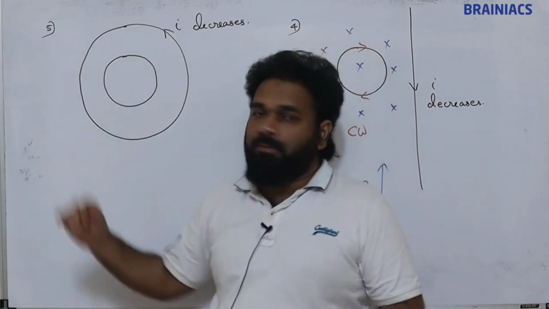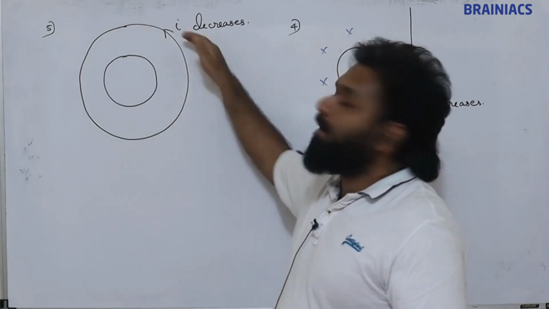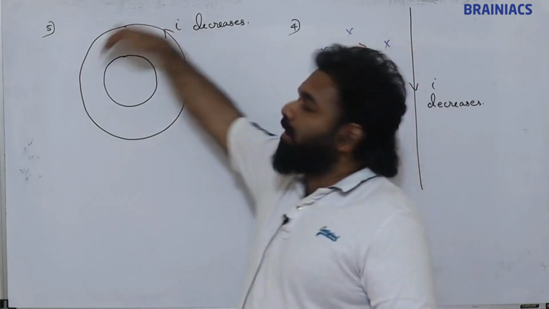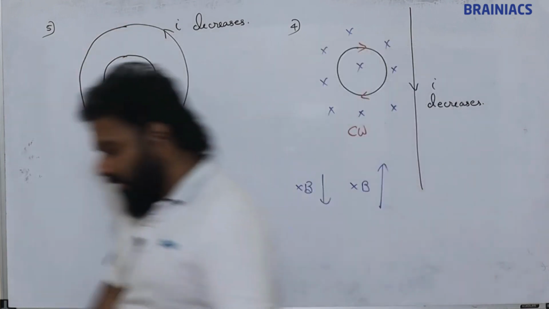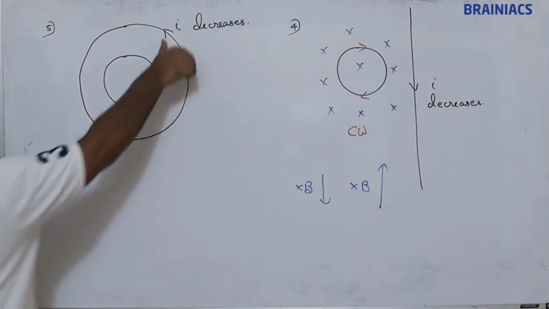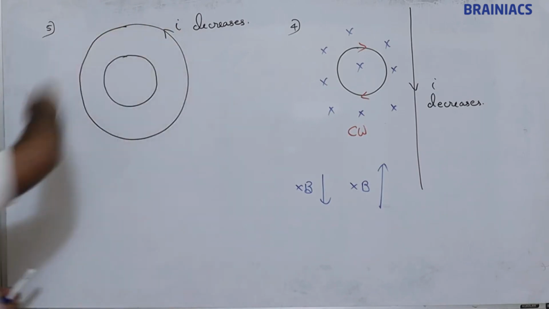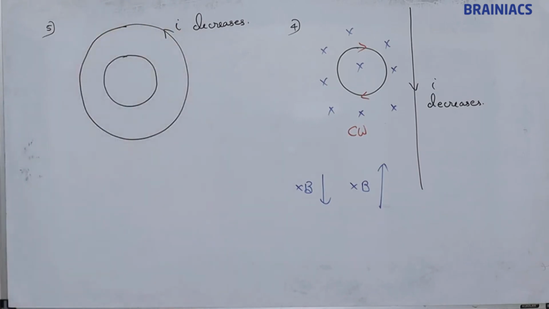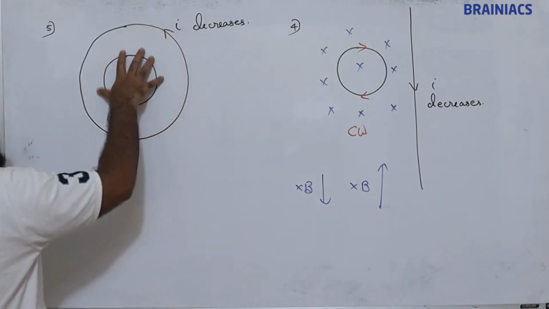Another question. Here in this coil, the current is moving in this direction and the current decreases. What should be the direction of the magnetic field with respect to this coil?